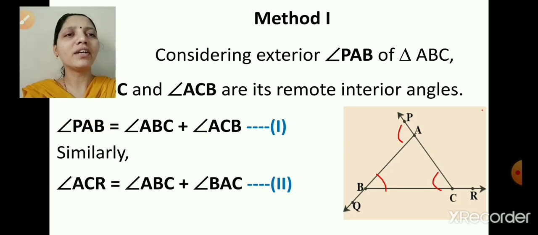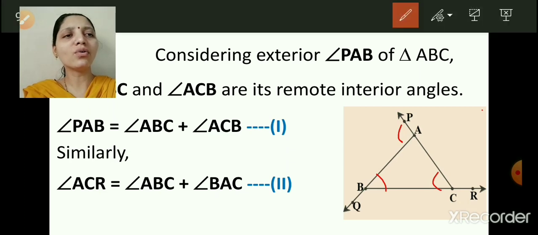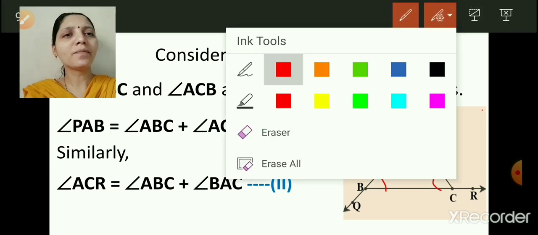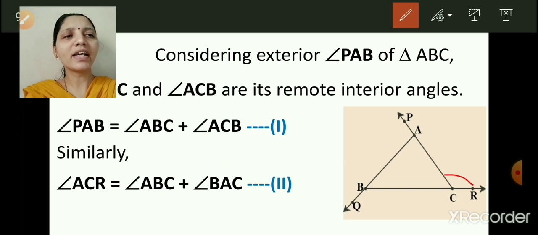Remote interior angles theorem. Similarly, for angle ACR, we can write angle ACR is equal to angle ABC plus angle BAC.